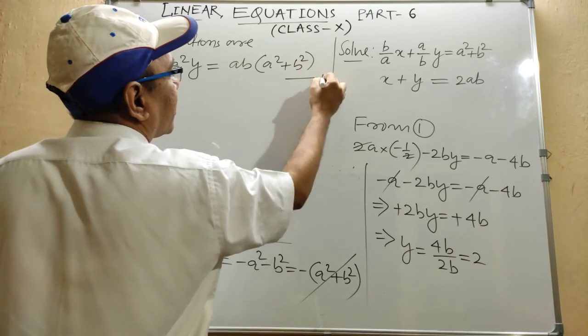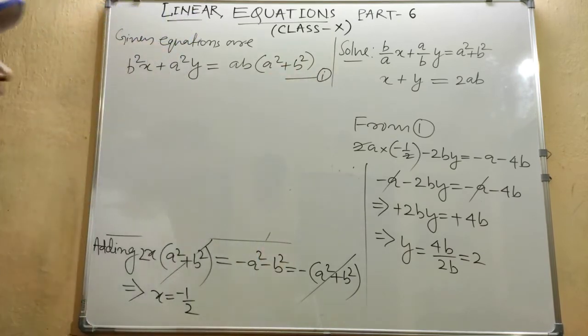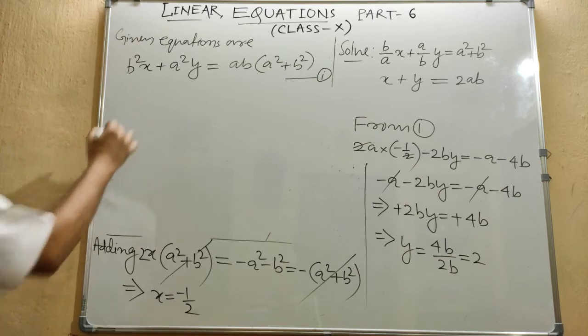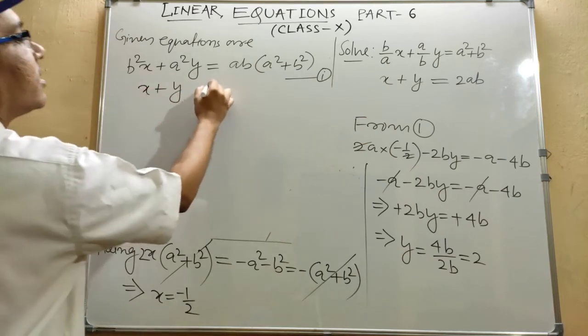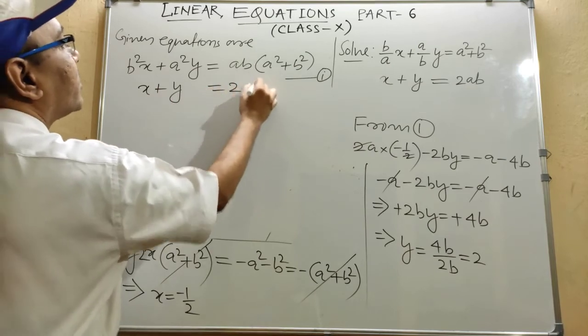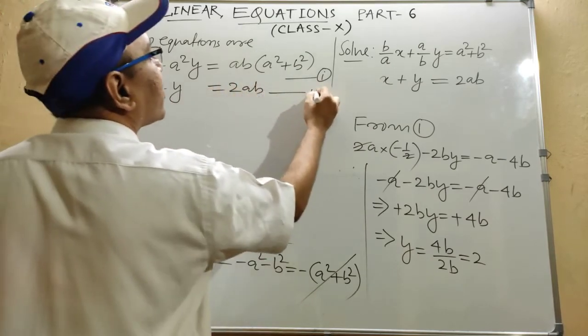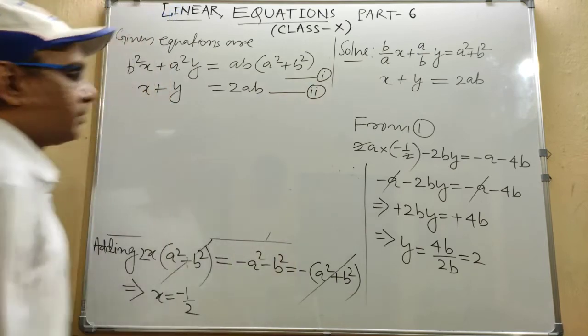In this way you can take. Okay, LCM AB, and that AB will multiply the other side. And the second equation is x plus y equal to 2AB. Take it as equation number 2.